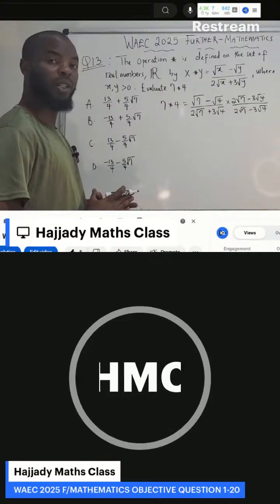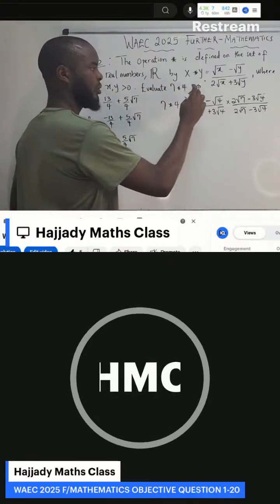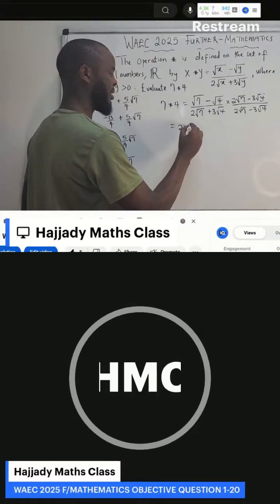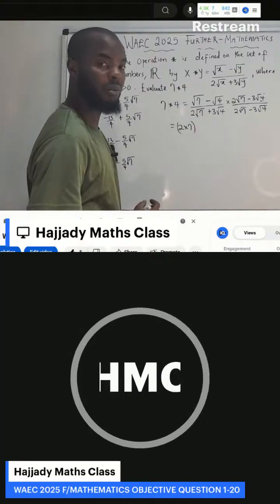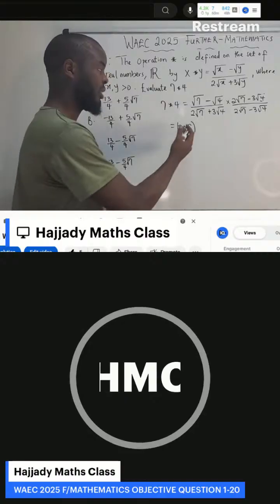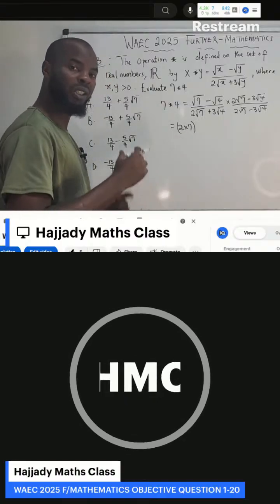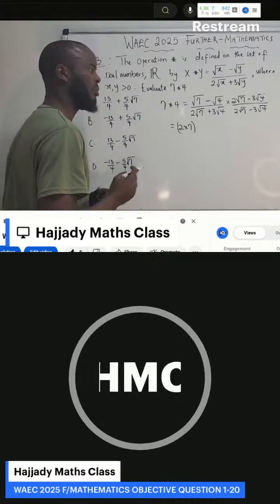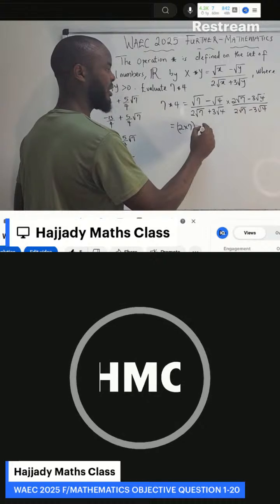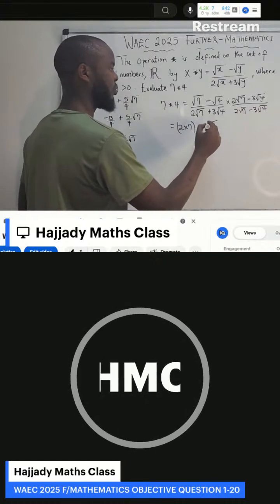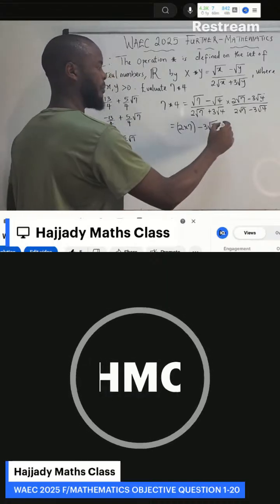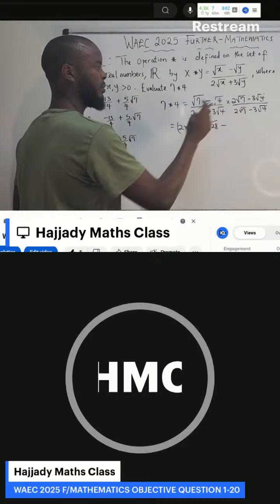Now, the next is to multiply out. By multiplying out, root 7 times 2 root 7 is going to be 2 times 7. Don't forget, in question number 1, I gave you a rule that says that root A times root A equals A. So this is what I used over here. You can go back to question 1. The rules were stated in question number 1. Root 7 times negative 3 root 4, then you have negative 3 root 28, minus root 4 times 2 root 7.